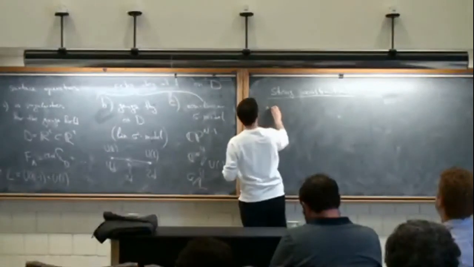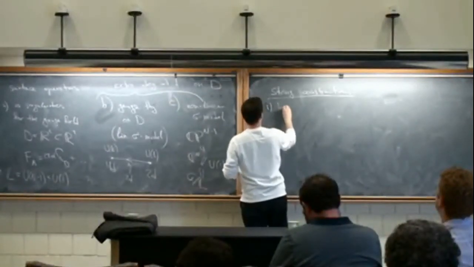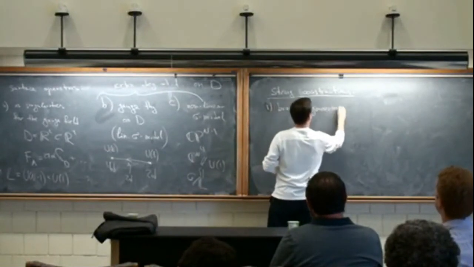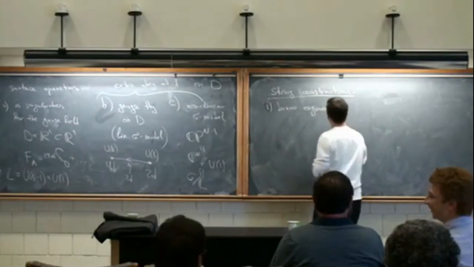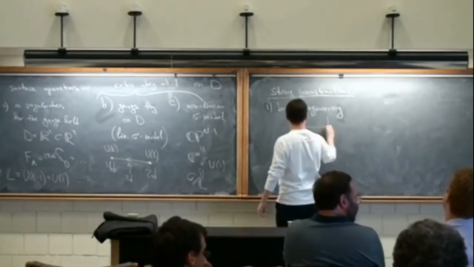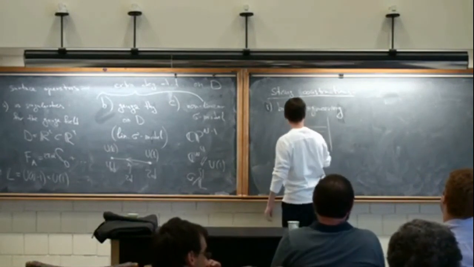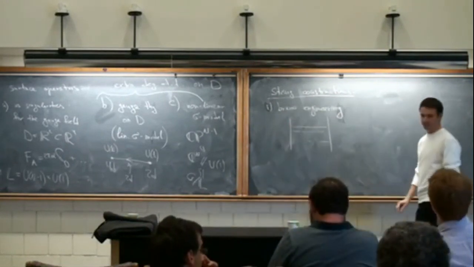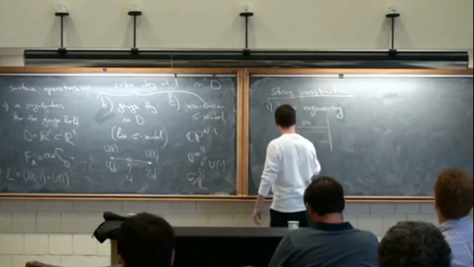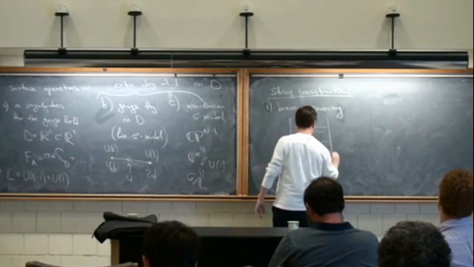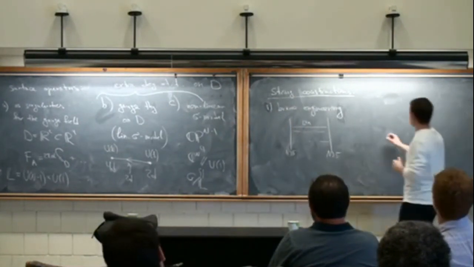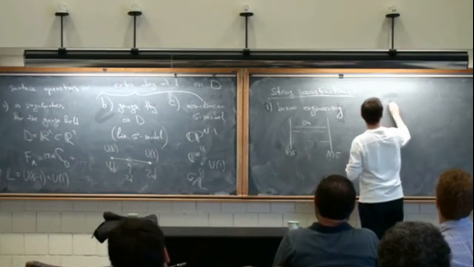One is brane engineering, where you consider a system of D4 branes suspended between NS5 branes in type IIA.